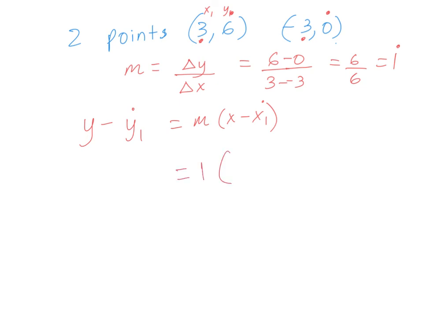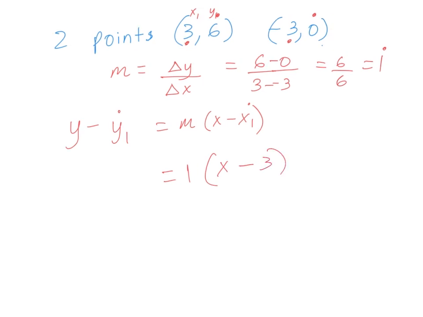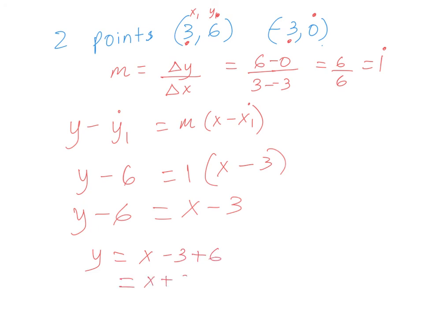And x1 and y1 we'll plug in over here. So what's my equation? Add 6 to move it. So we get y equals x plus 3. This is our answer in point slope form.